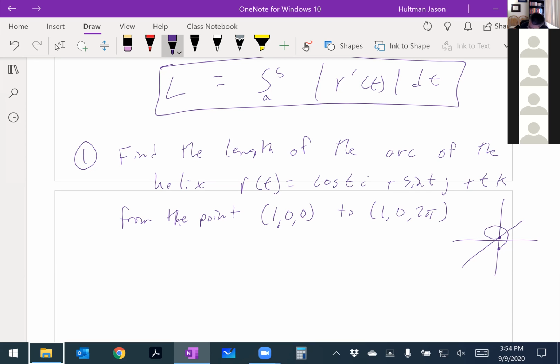Maybe we should have started here and ended here, but you get the idea. It is a helix, and the distance that we're going up is 2 pi, because that's in the z direction. We're starting at 1, 0, 0, and we're ending at 1, 0, 2 pi.